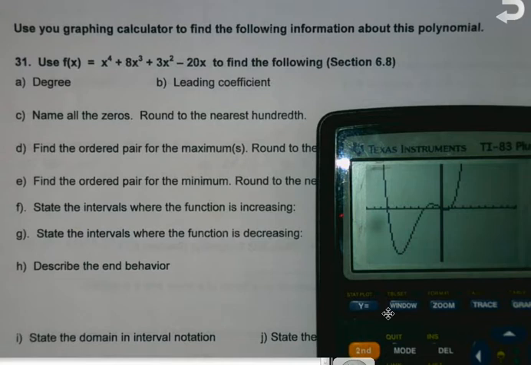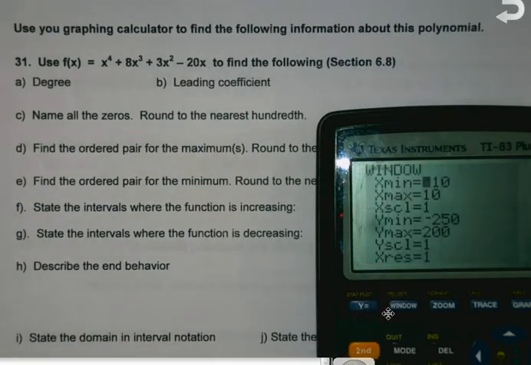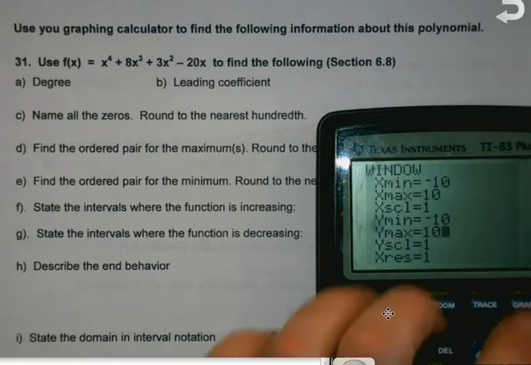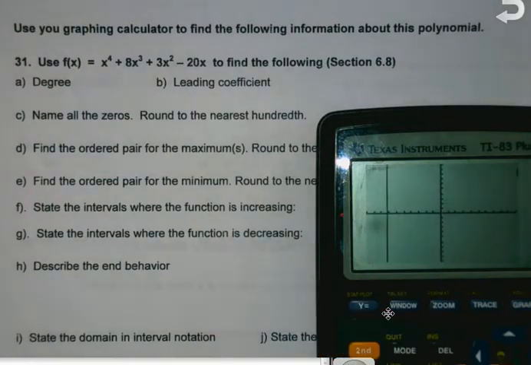Okay, so now, some of you, when you punch this in and hit graph, you're like, that's not what mine looks like. Because I'm not letting you see my window here for a minute. Because I want you to kind of see some of the work that goes in here. Okay, I'm assuming what yours is going to look like once you punch it in.